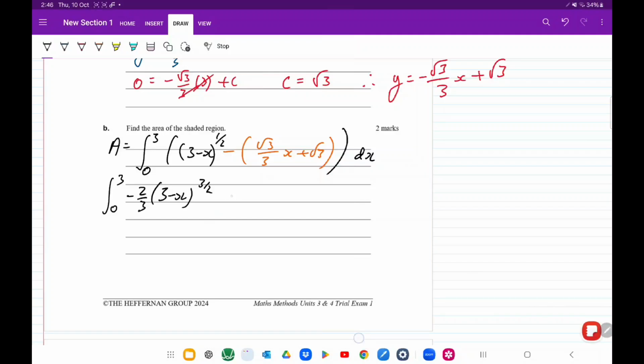And then we add, add 1 to the power and divide by the new power, so that's root 3 on 6 x squared minus root 3 x. Okay, so we can evaluate that from 0 to 3.